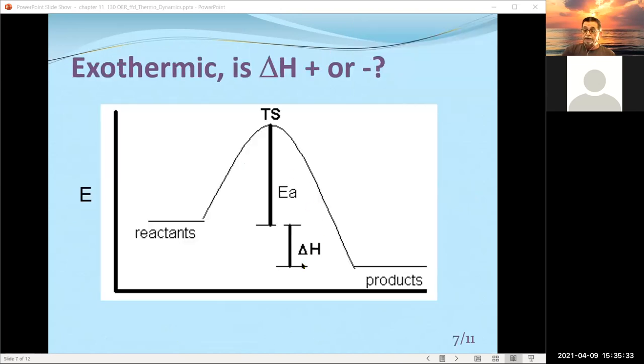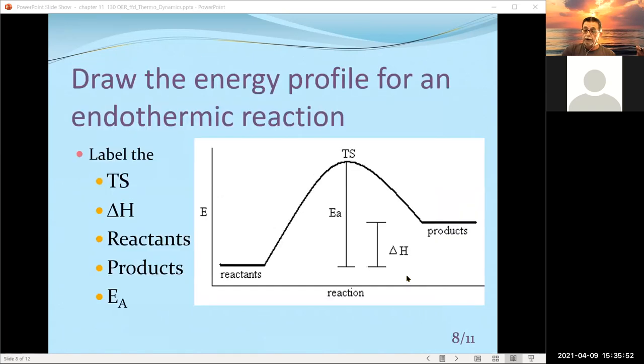This here, as I went through the exercise, delta H will be negative because our product's energy level is lower than the reactant. So products minus reactant gives us a negative value. Hence, it's exothermic. In this example, you can see that the product's energy level is at a higher energy value than the reactants.